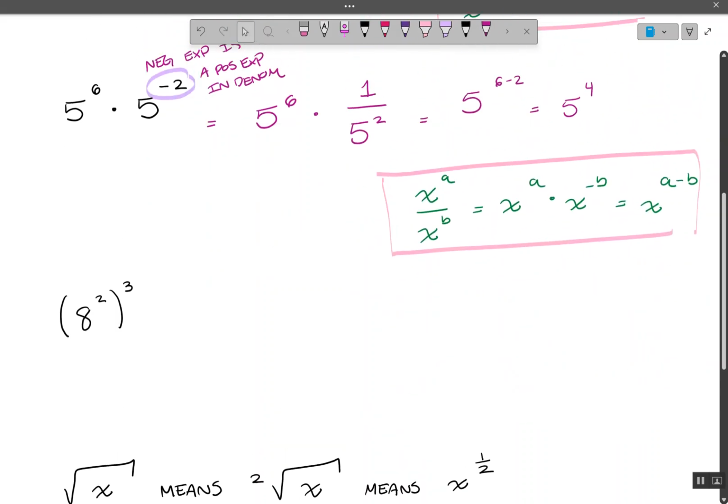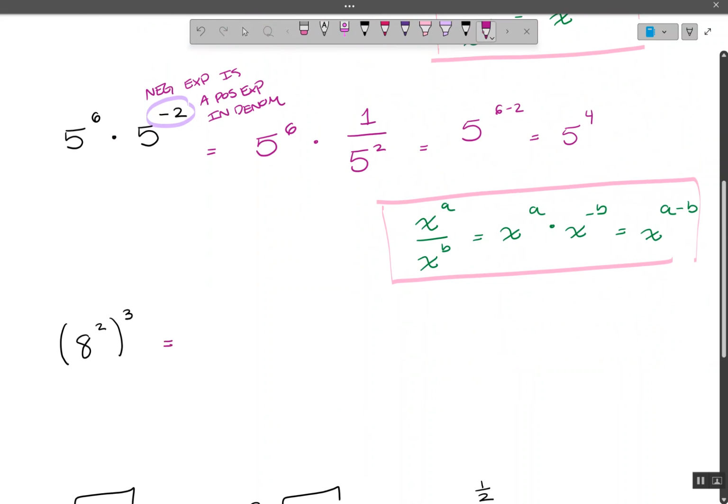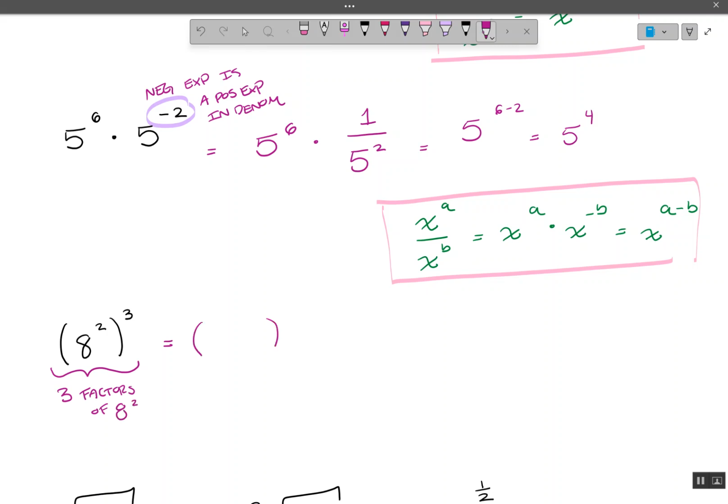Now if we have this power of a power, well, this number has 3 factors of 8 squared. 1, 2, 3. 8 squared, 8 squared, 8 squared. And each of these is 2 factors of 8.